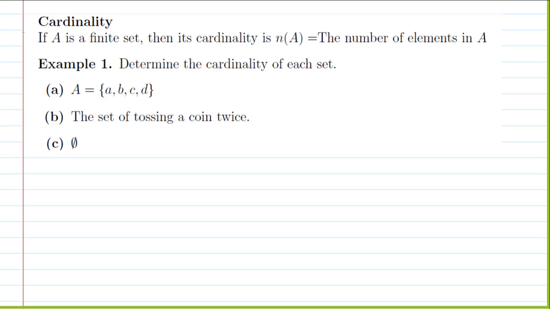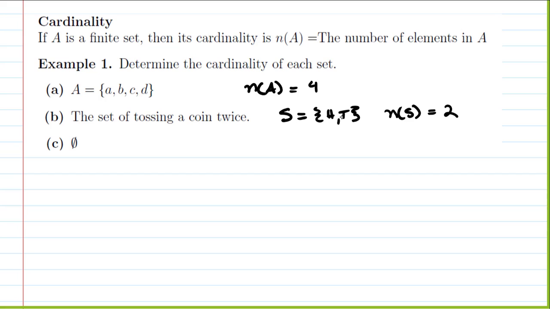So in example 1, we're asked to determine the cardinality of each set. Well, the elements of the set A are 1, 2, 3, 4, so n of A is 4. The set S of tossing a coin twice contains heads and tails, so the number of things in S is going to be 2.